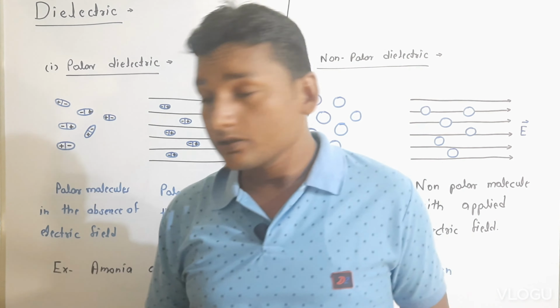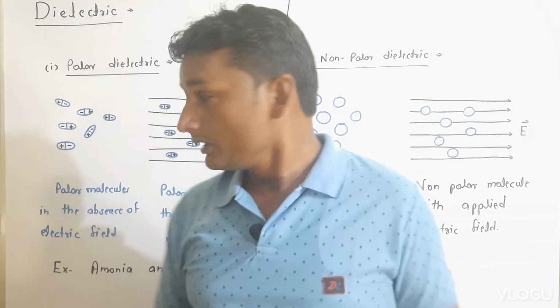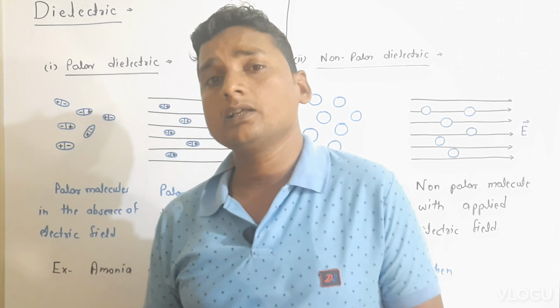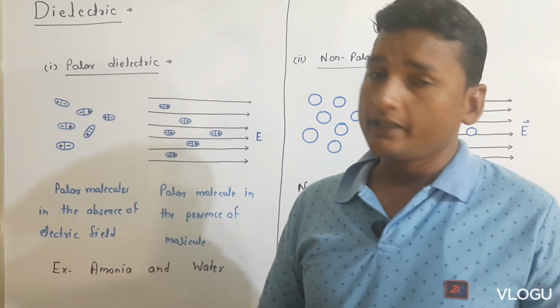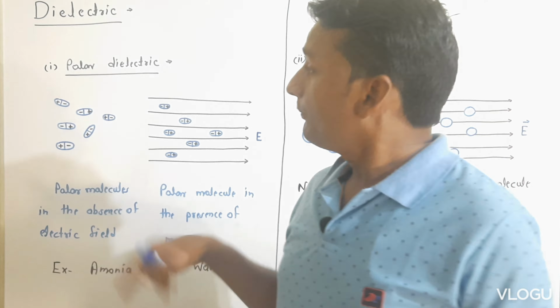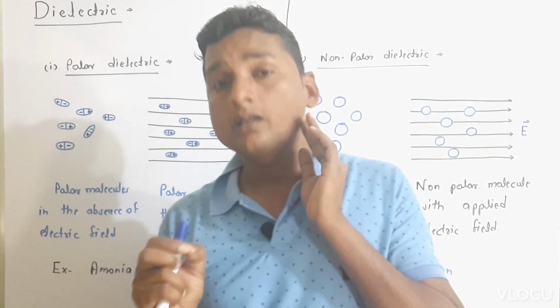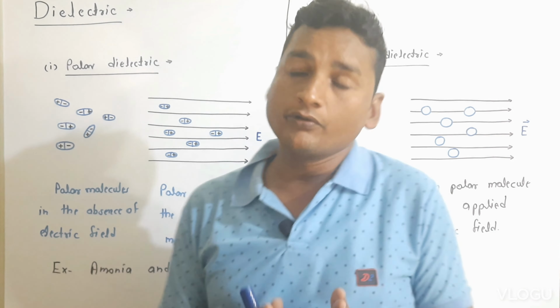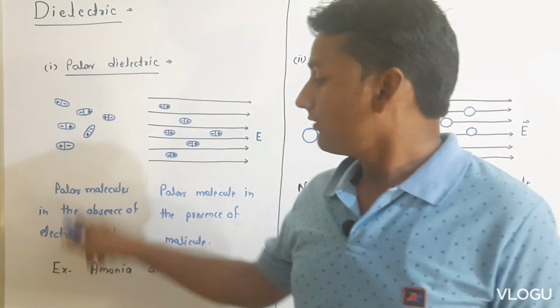It is because in the absence of an external electric field, polar molecules are randomly oriented. That is, their positive and negative directions are not fixed, but instead they are oriented in random directions. That's why a polar dielectric material has net electric dipole moment zero in the absence of an electric field.